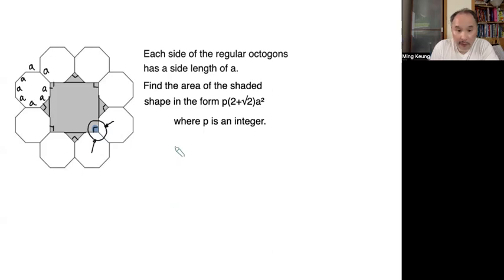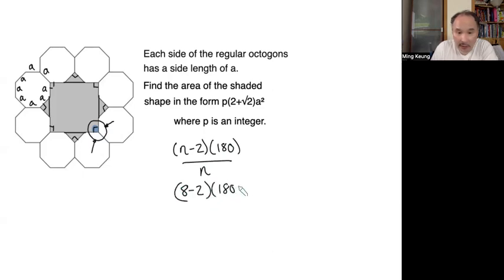And one format of the formula would be n minus 2 times 180 divided by n, where n is the number of sides of the regular polygon. In this case, it's 8. So I have 8 minus 2 times 180 divided by 8.